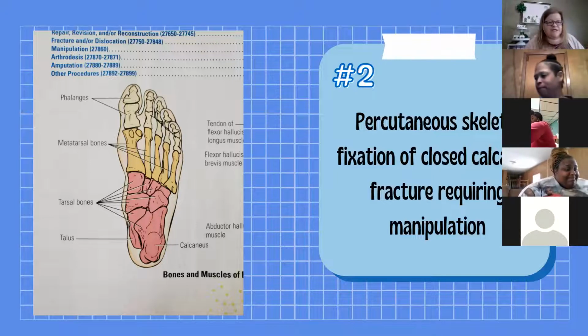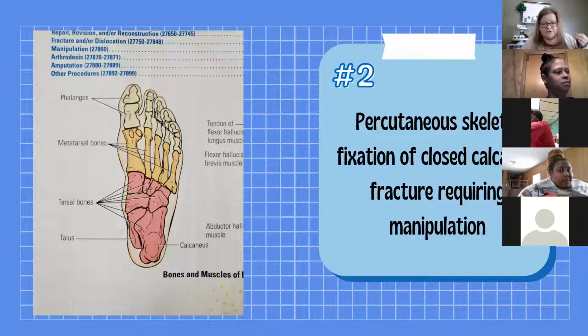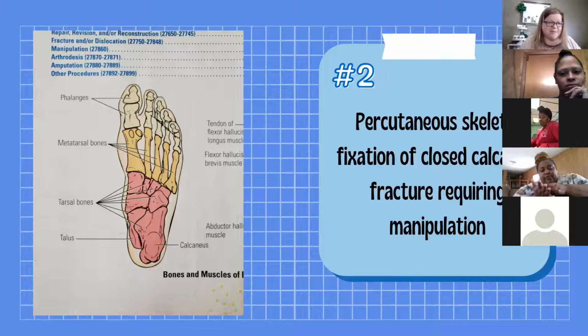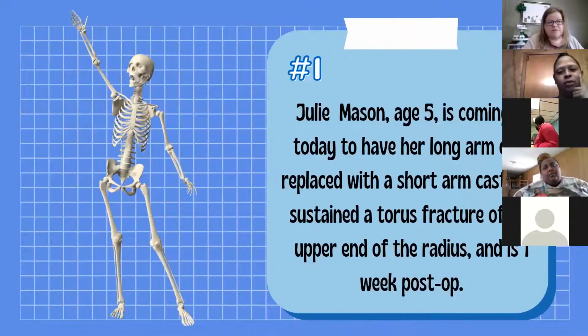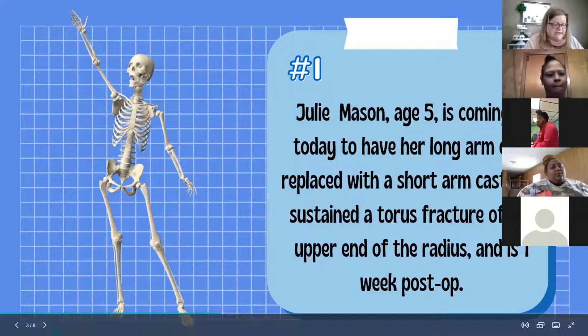Very good. But you see how you can get to it from different ways. Just because one word stands out to you, a different word may stand out to somebody else. It doesn't make either of them wrong. And it's still going to bring you to that one code. Yep. If you tried fracture, it still brought you to the same place.